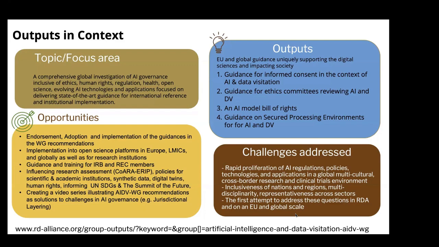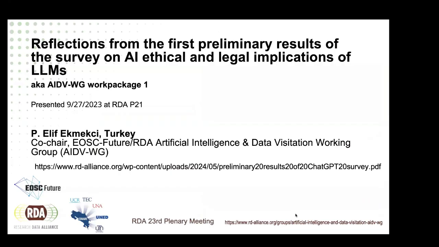Our project is one of the first attempts to address these questions at an EU and global scale. And what we prioritize is the inclusiveness of nations and regions, multidisciplinarity, representativeness across sectors, and an acknowledgement of policy pluralism.